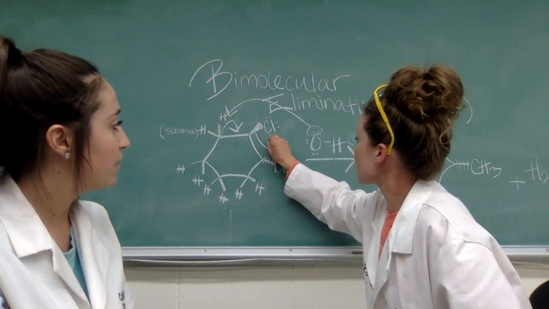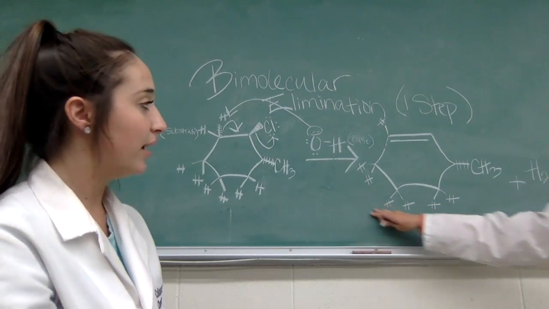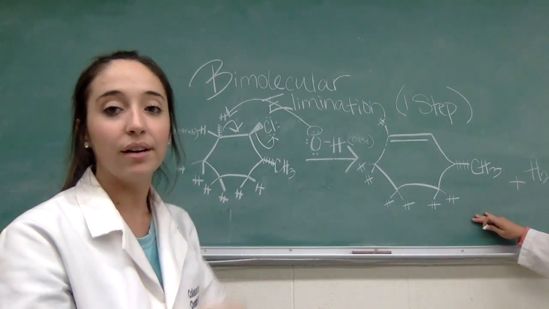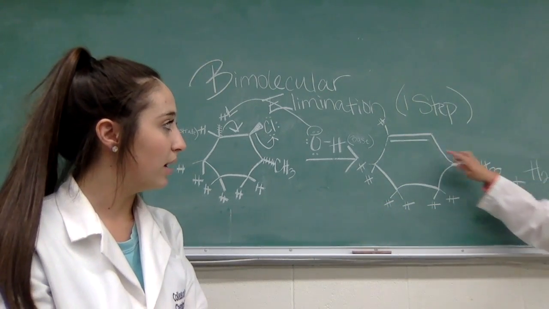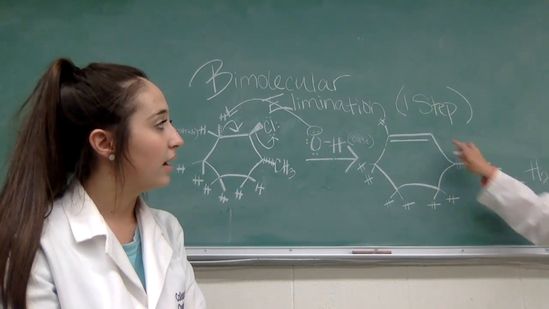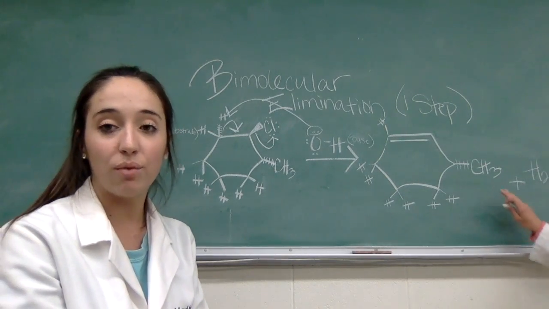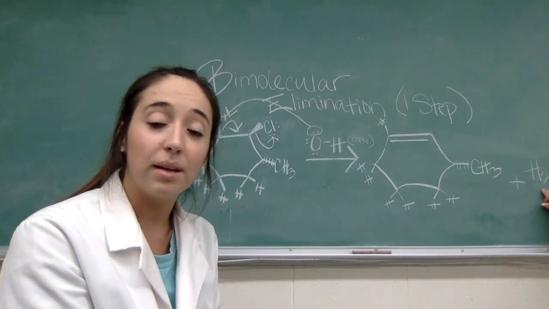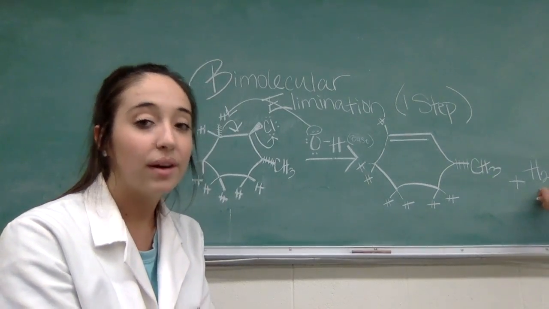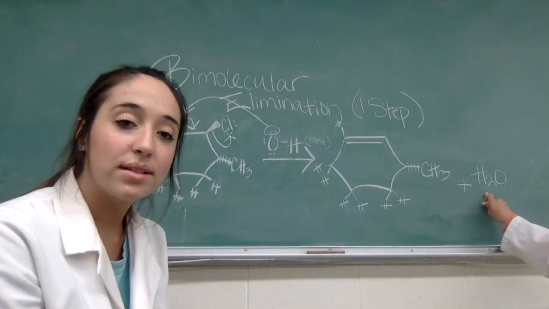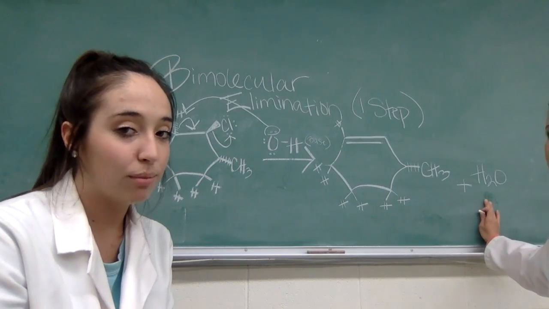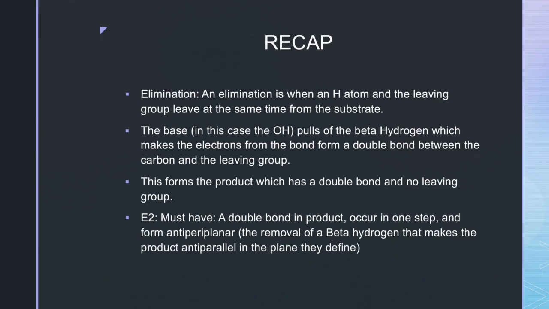And it's going to leave at the same time, and then it forms the product over here, which you can see has a double bond with no leaving group and the formation of water. And that is what an elimination is, an E2. It is going to be one step, and it is going to form a double bond in the product.